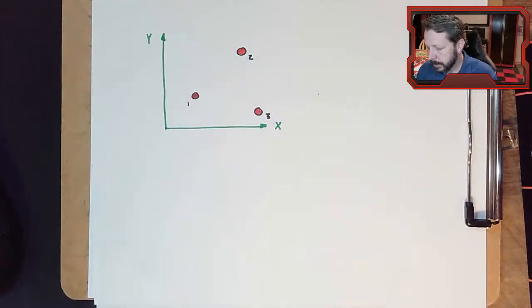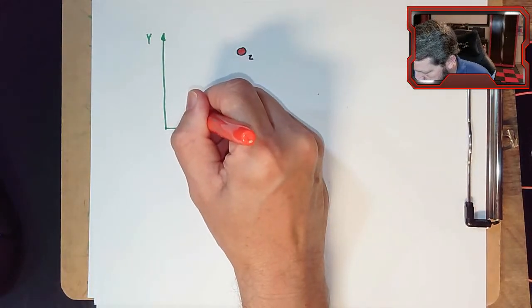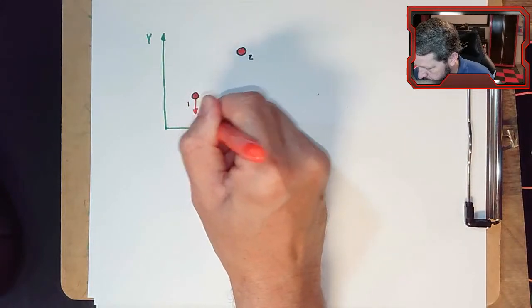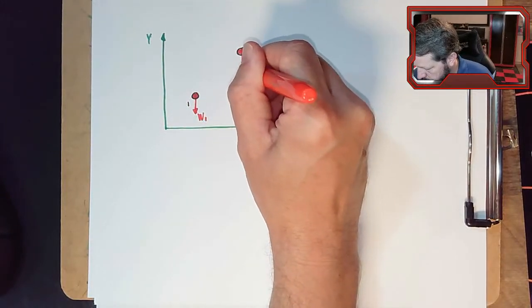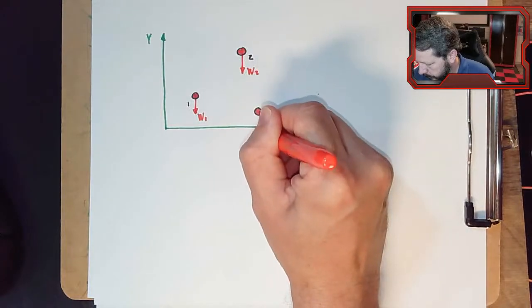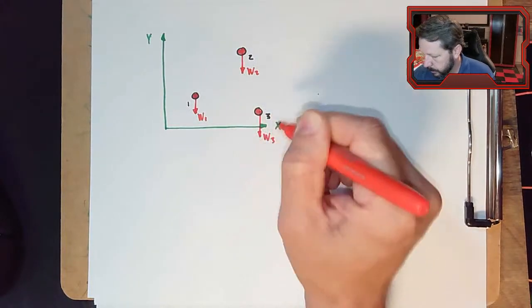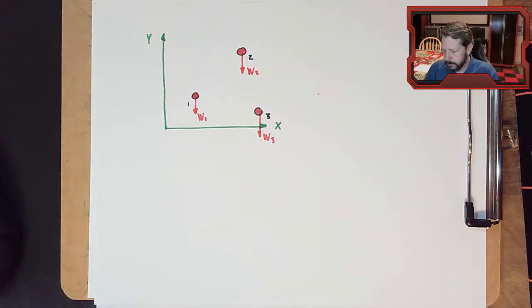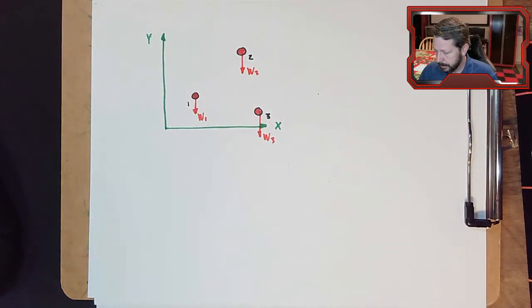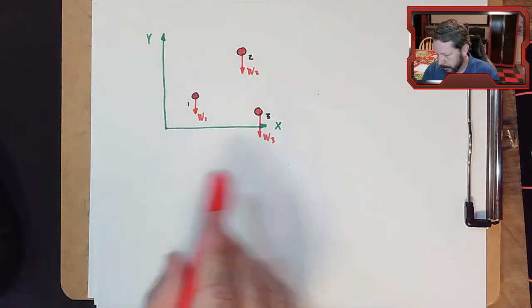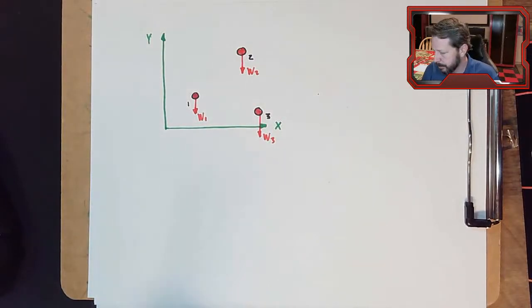So you could think of them as having some kind of weight associated with them. I'm just going to show it as having a weight, even though they're just an area. But for what I'm about to do, the weight might make it more sensible.